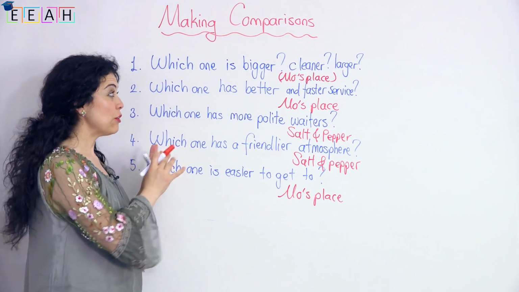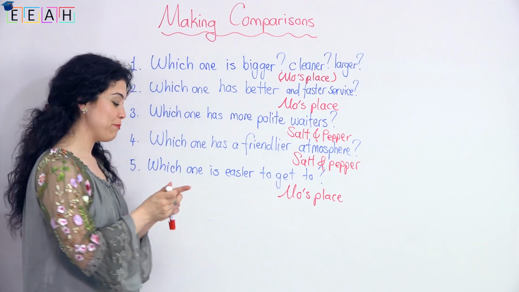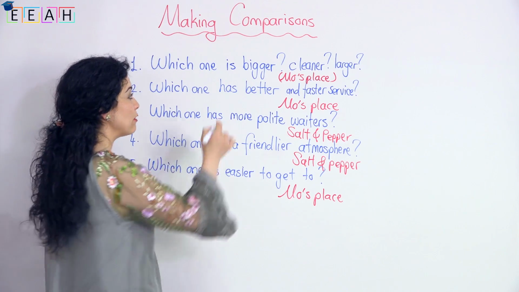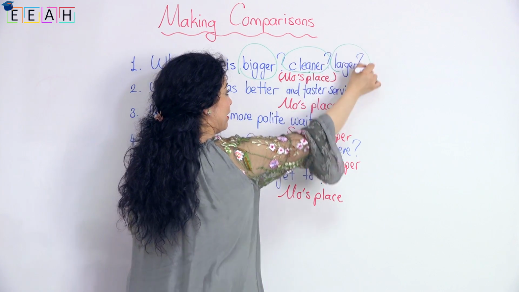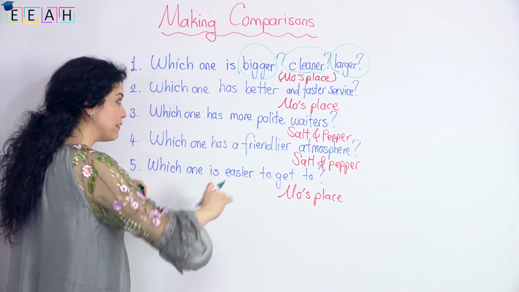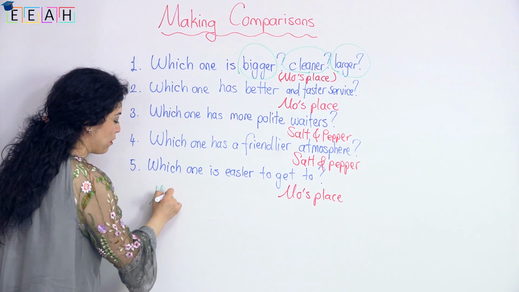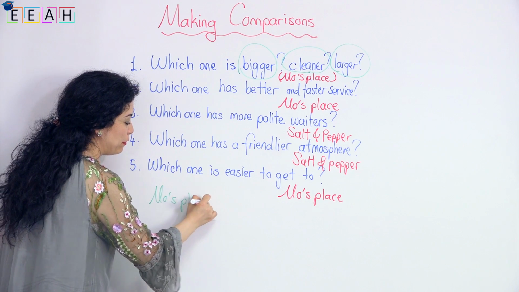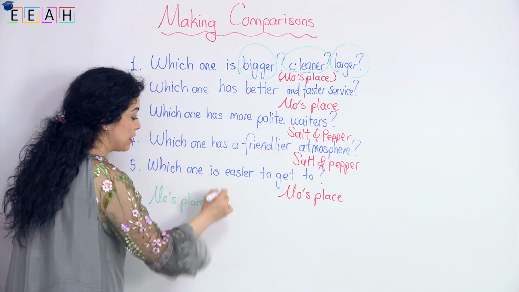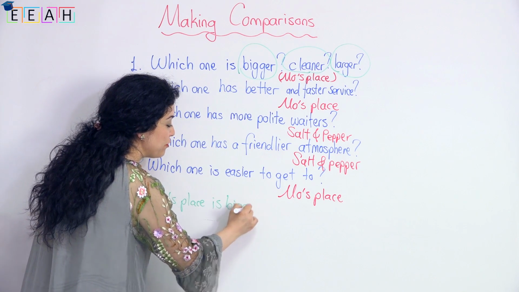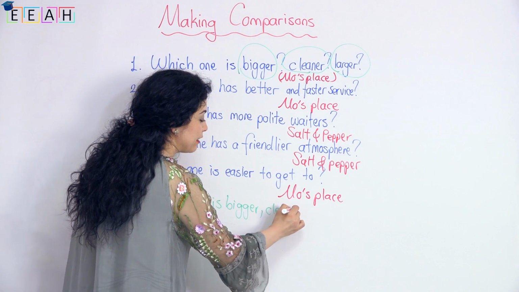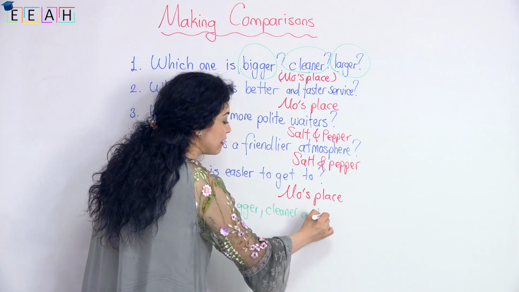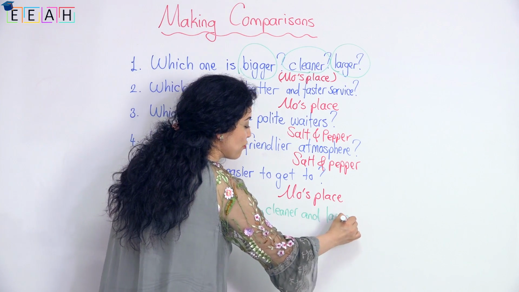Now, let's go over the adjectives one more time. We are comparing. So, bigger, cleaner, and larger. If you put it in a sentence like this, Mo's Place is bigger, well, cleaner, and larger.